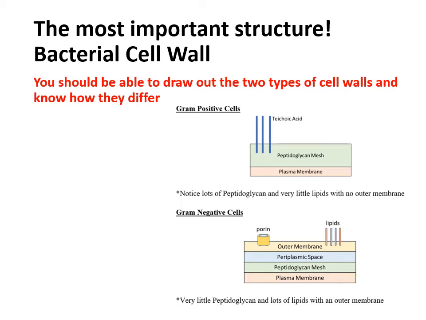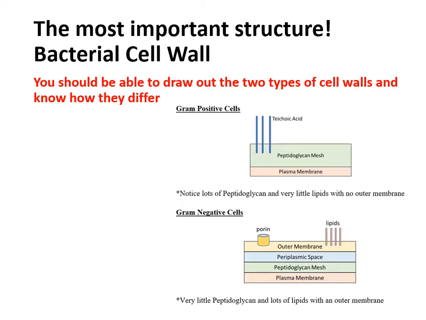Now, what you'll notice when you then look at gram-negative cells is these two cell walls look very different from each other. Gram-negative cells now have a very thin peptidoglycan layer. They then have an extra gap and an outer membrane. And their outer membrane has a lot of lipids and very selective porins. So what I want you to notice is when you look at these two cells, which one do you think is tougher to treat if someone has an infection?